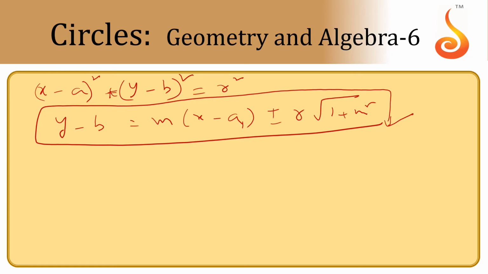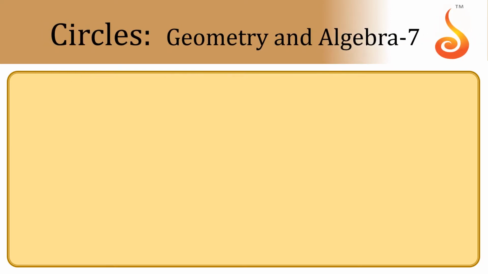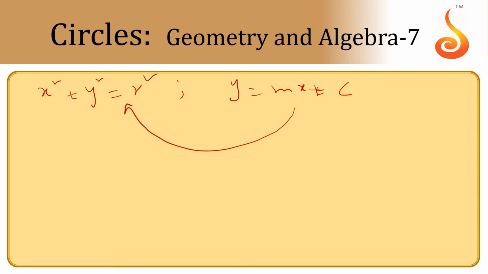Now, in the first discussion that I did, x square plus y square equals r square and y equals mx plus c, I said there are two loci, a circle locus and a line locus. One locus I am inserting in the other.